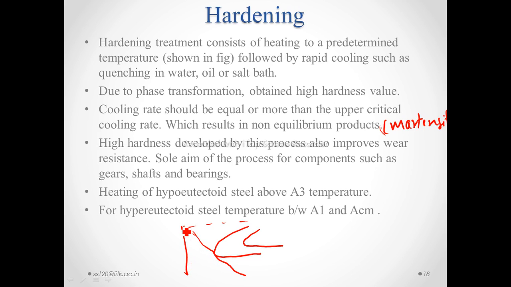Below this, that means at a higher cooling rate, we can get the non-equilibrium product very easily. When we get into this C-shaped curve, it results in the formation of a pearlitic structure along with the martensite, which softens the material due to the pearlitic microstructure.